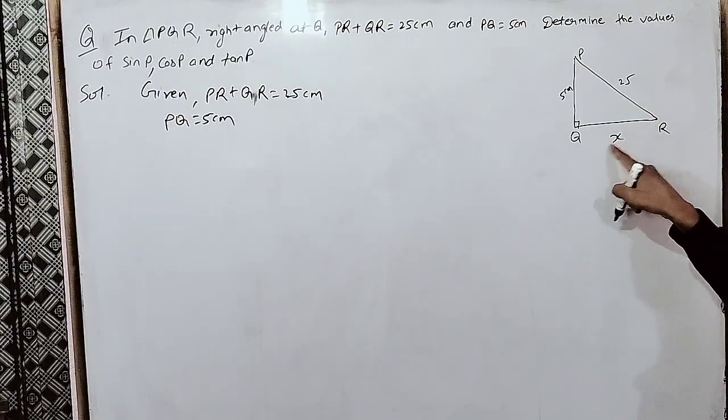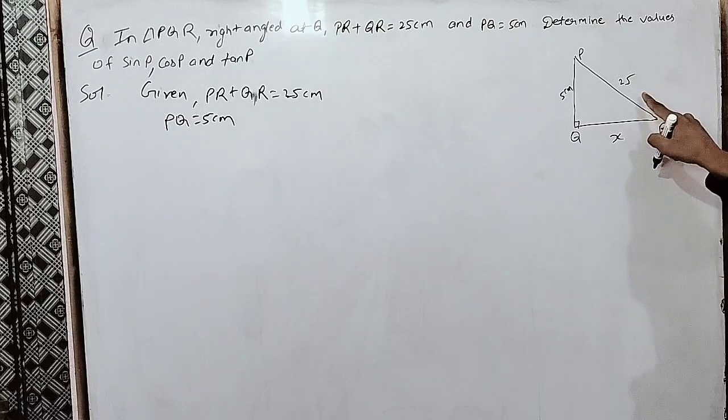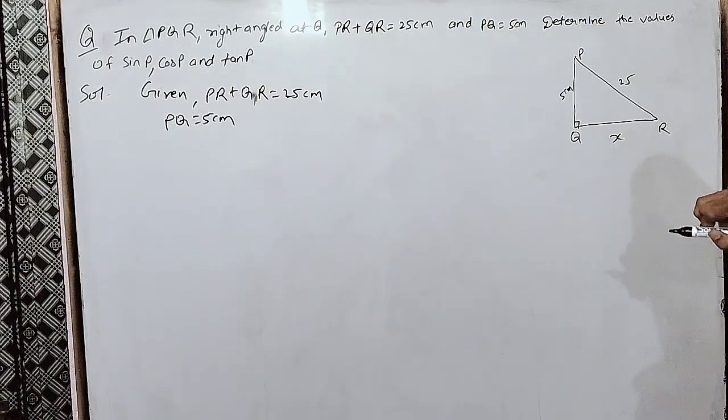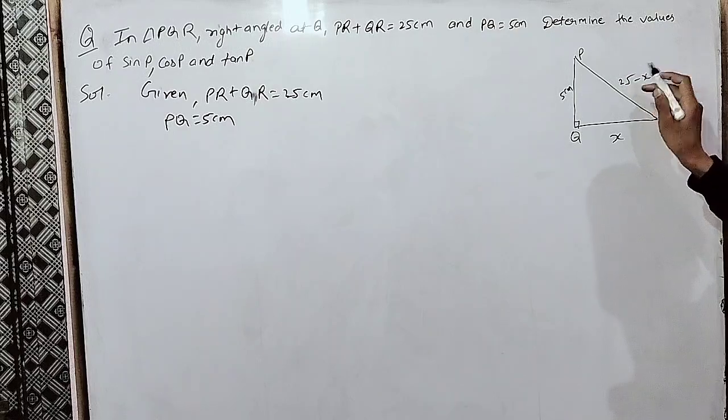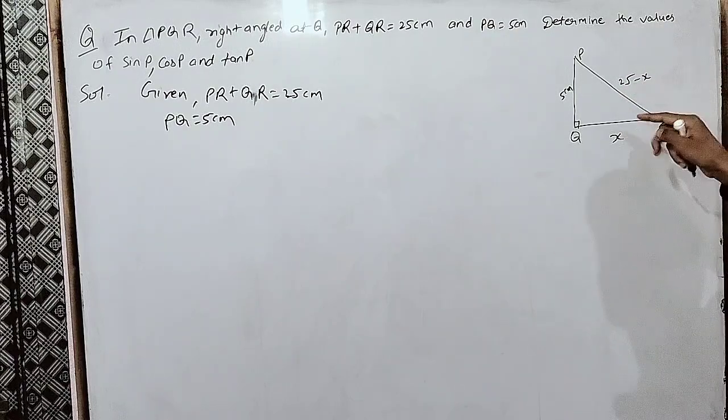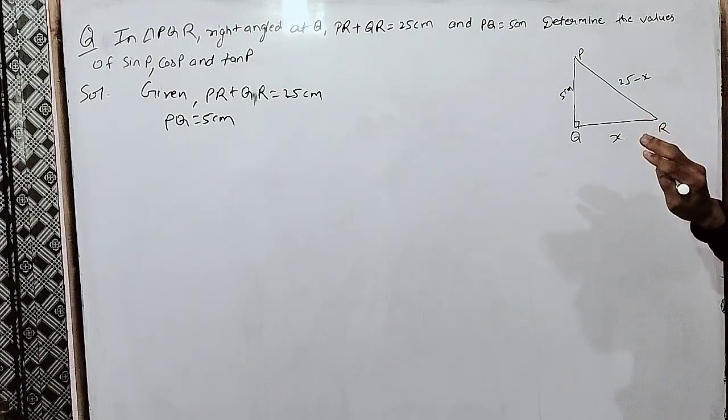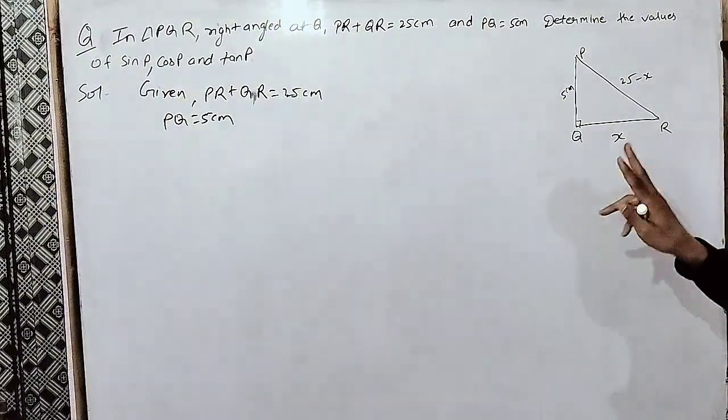And this is X, and this is not 25. Here it would be 25 minus X, because 25 centimeter is the value of the two sides together.